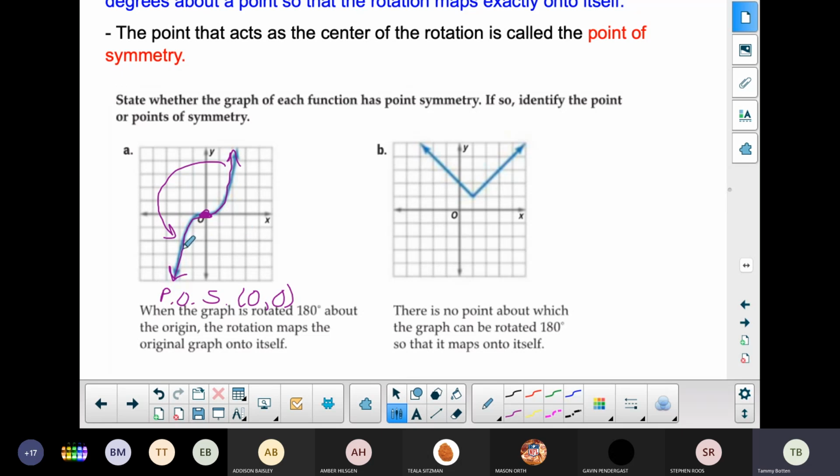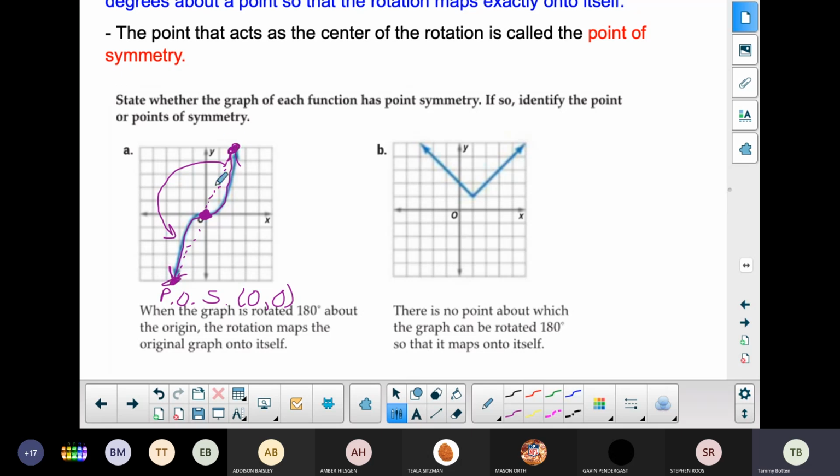Now, if that's hard for you to see, like, would it map onto itself if I turned it upside down? Another thing you could do is think about this point and this point. If you reflected that point about the point of symmetry, would this point reflect onto here?